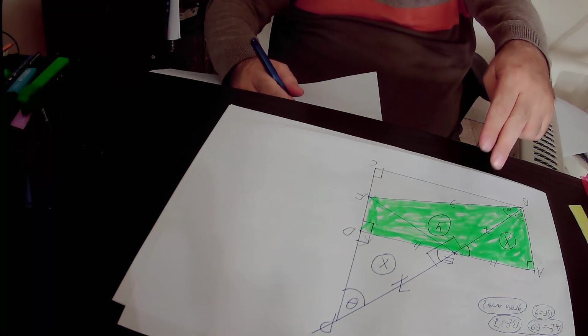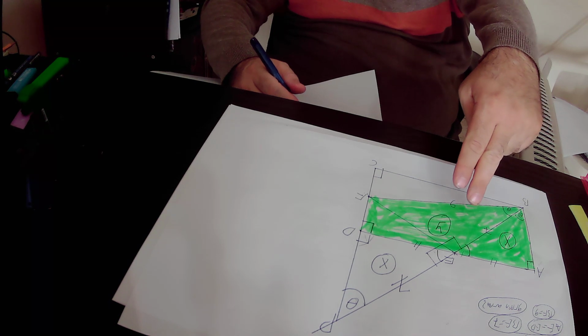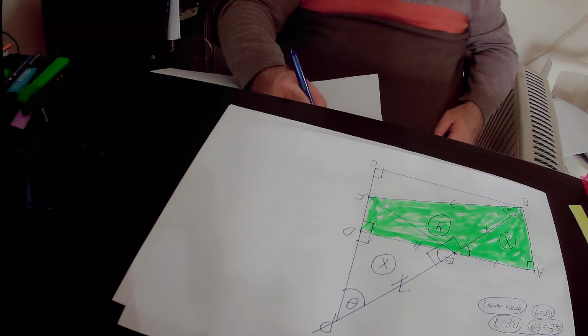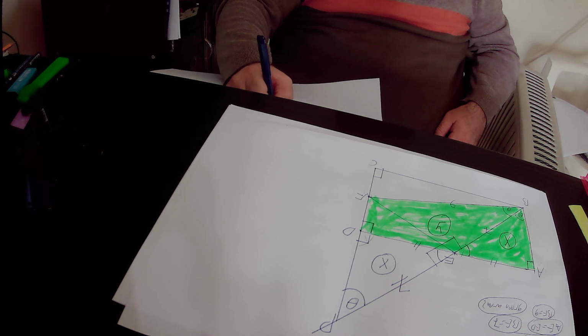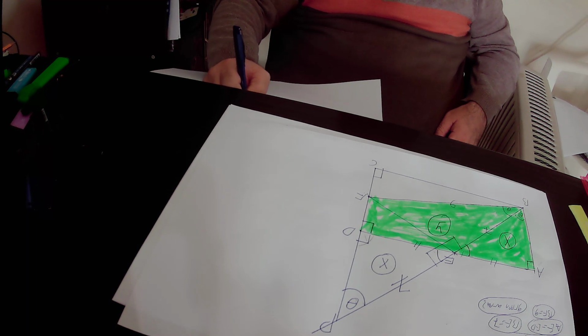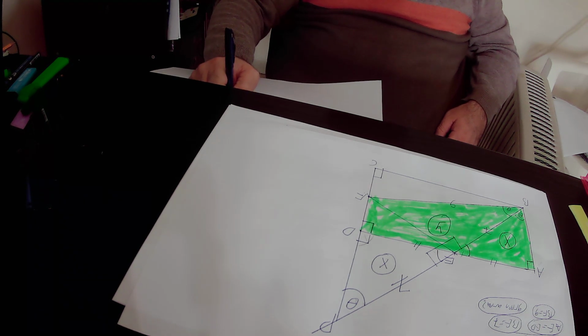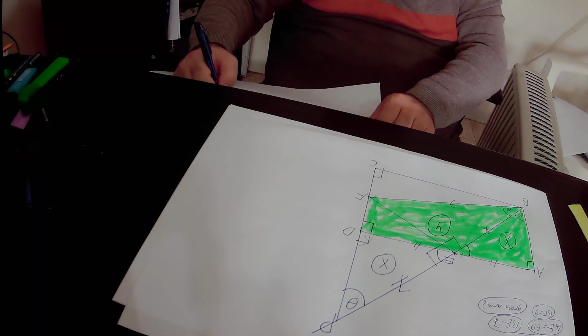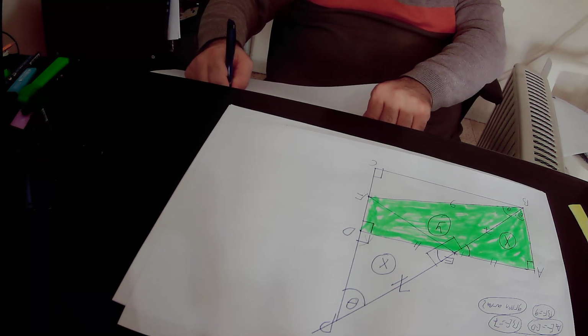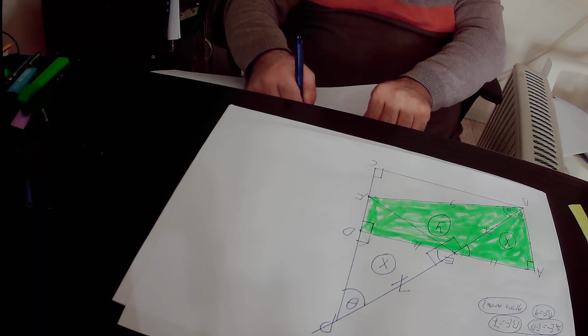So we will focus on the green right triangle BEF. According to the Pythagoras theorem, the square of the hypotenuse equals the sum of the squares of the perpendiculars in the right triangle BEF, and in any other right triangle.